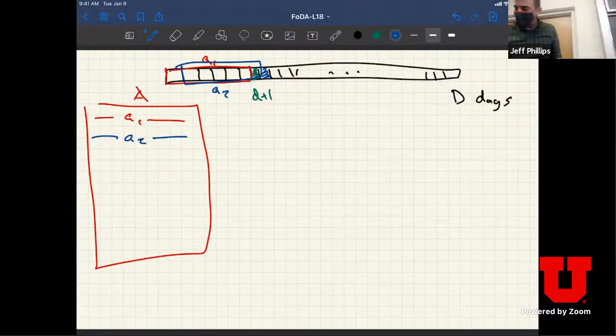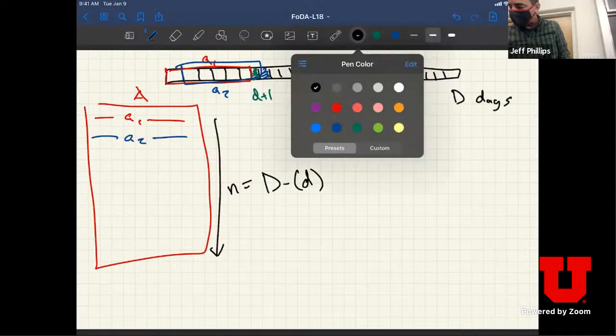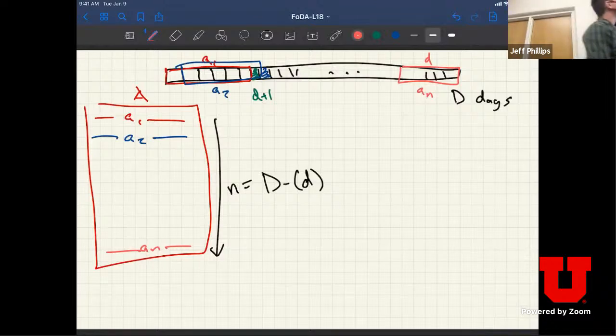And so in total, N is going to be the number of days minus D. For every starting point, up until the last region of D days here, I can start a new row. So this would be AN, this last row in this column here. Okay, so I'm taking a time series and I turn it into this matrix.